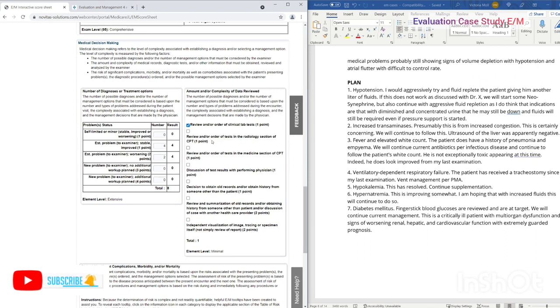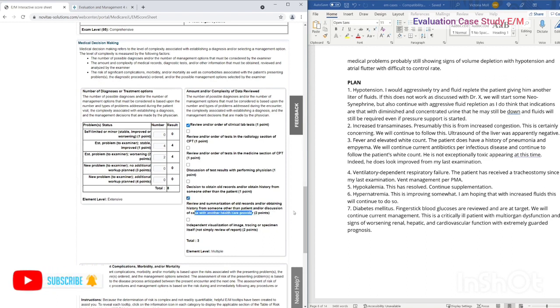Now, as far as our data, did we order any tests in the radiology section? I don't think I saw any, but I may have missed one. I don't think it'll make a level difference, honestly, if I do. We definitely had those discussions with the other provider. Review and summarization of old records, or obtaining history from someone, or discussion of the case with another healthcare provider.